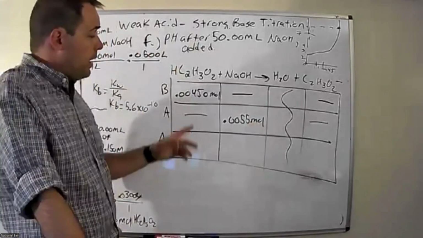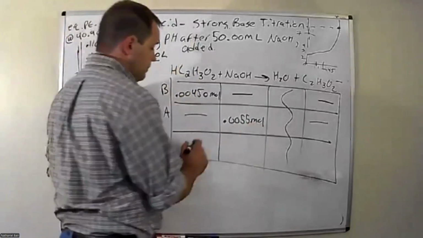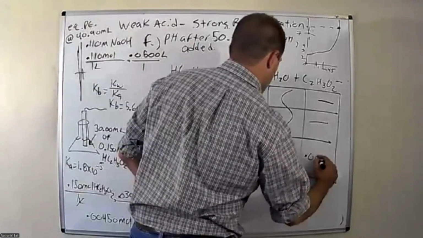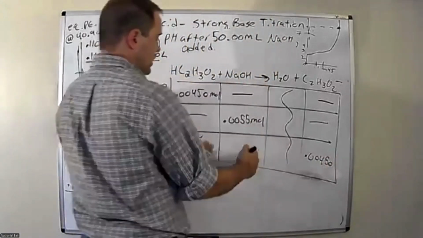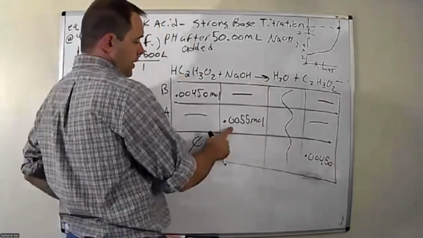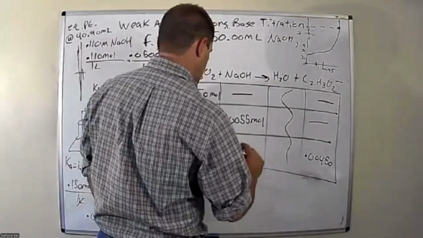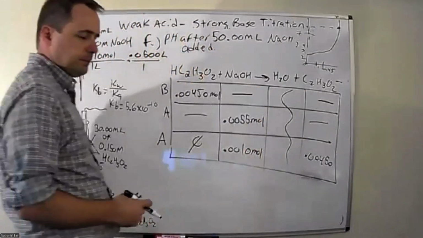I obviously do not have enough acid to cover that. All of the acid is gone. It gets turned into the conjugate base, which isn't actually going to matter here. We'll talk about why in a second. And I'm going to have 0.0055 minus 0.0045, so 0.0010 moles of the hydroxide left.